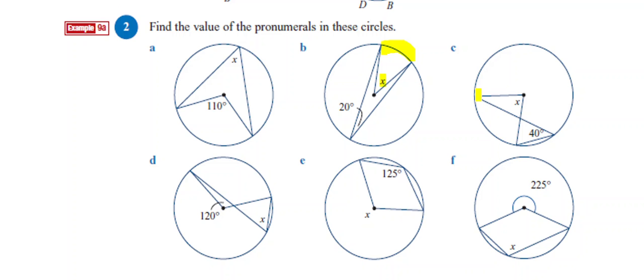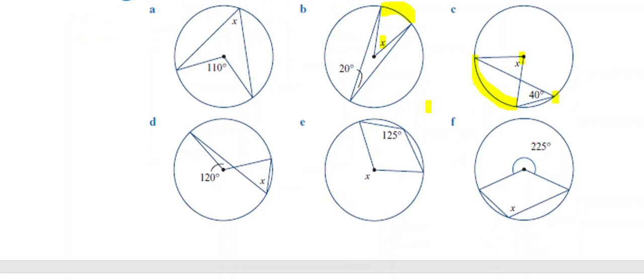For this one, we can see that we've got the arc here. The outside happens to be outside point here, and this is the middle here. That must be double what that is. So if that's 40, that must be 80.